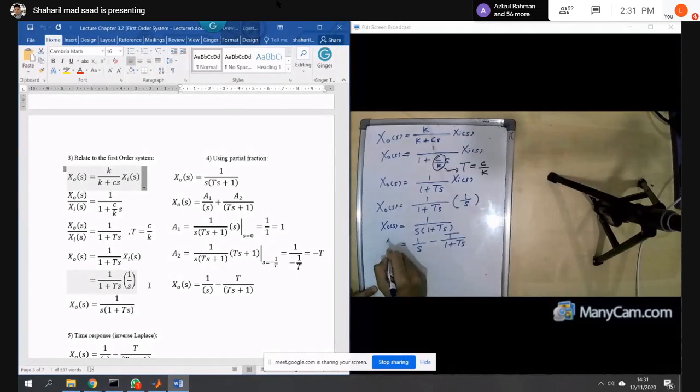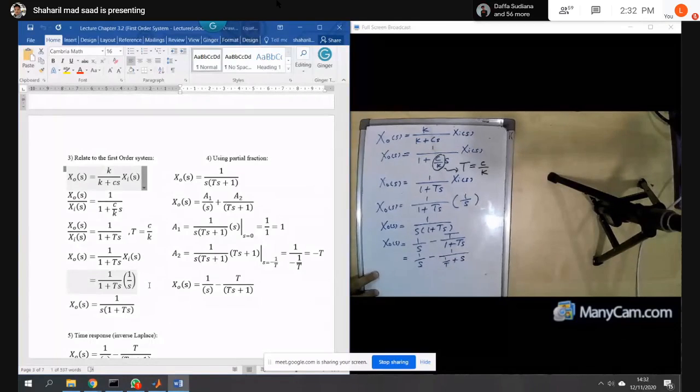This will equal 1 over s minus 1 over s plus 1 over T.